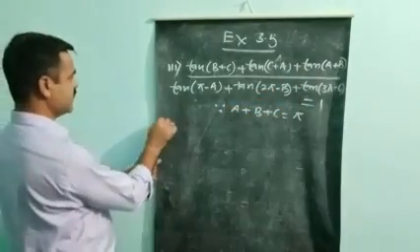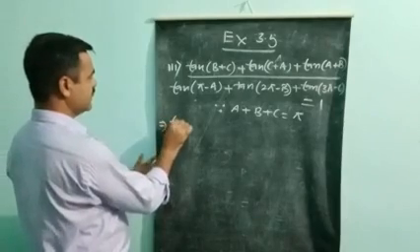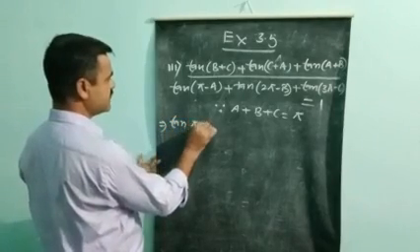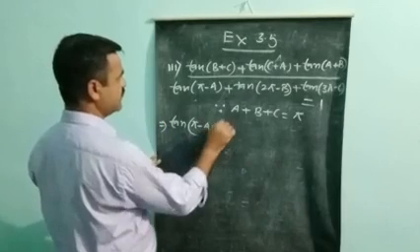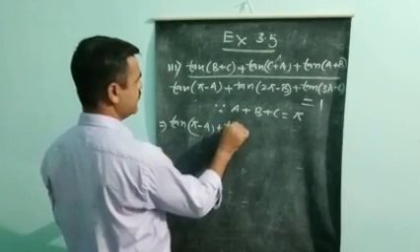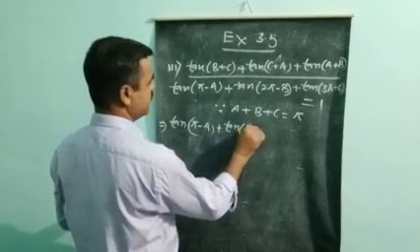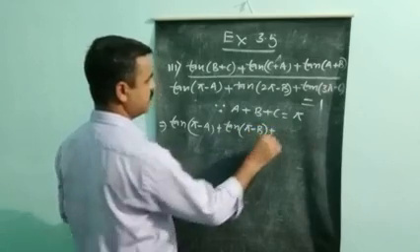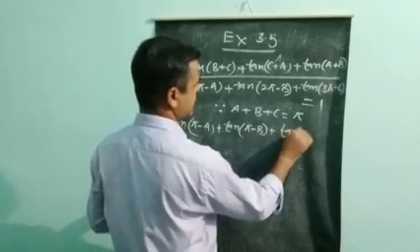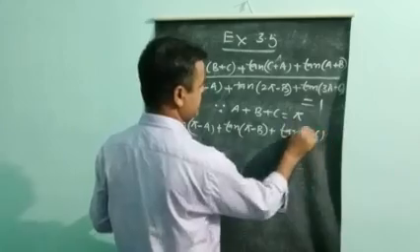So just come to write these things. The numerator is tan(π−A) plus tan(π−B) plus tan(π−C).